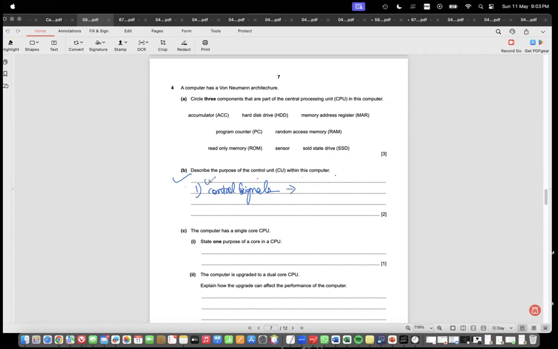So using control signals, maintaining transfer of data among various components of the CPU. Another thing is that it is used to decode the instruction.